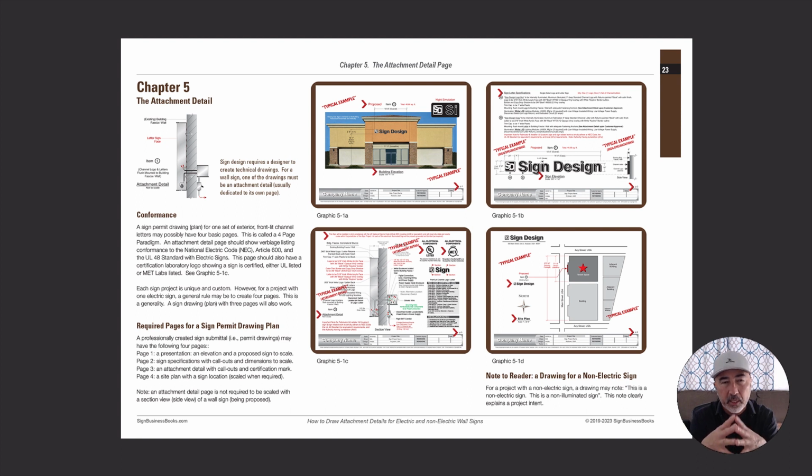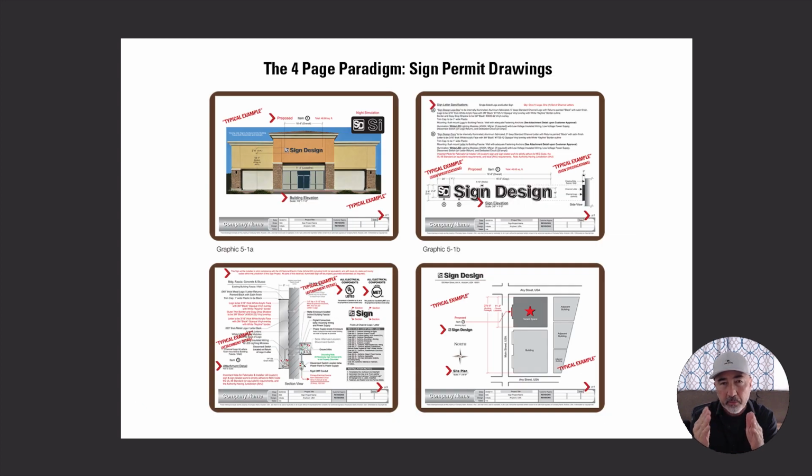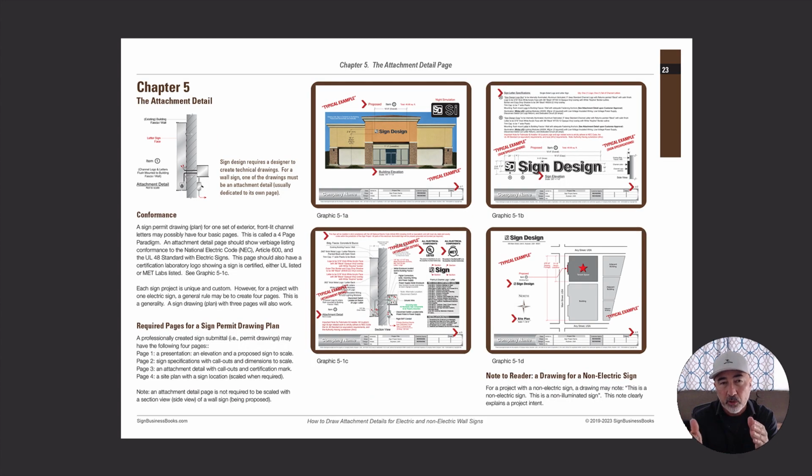Chapter 5, titled The Attachment Detail. This chapter only covers some overview information about sign permit drawings, the requirements and layouts, since an attachment detail is required for outdoor electric signage.